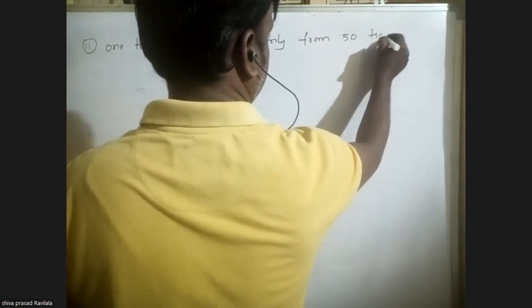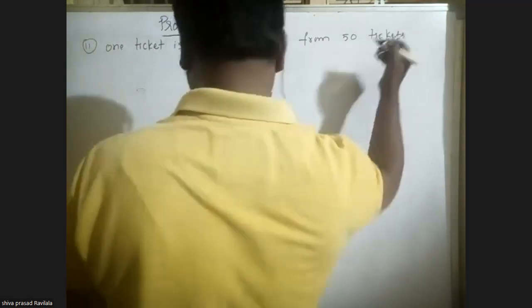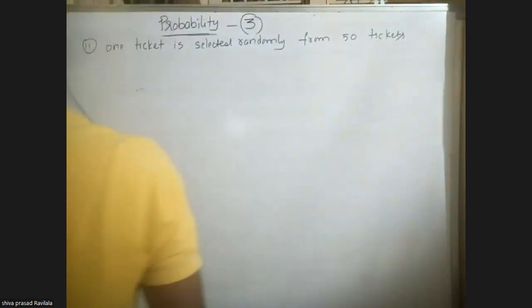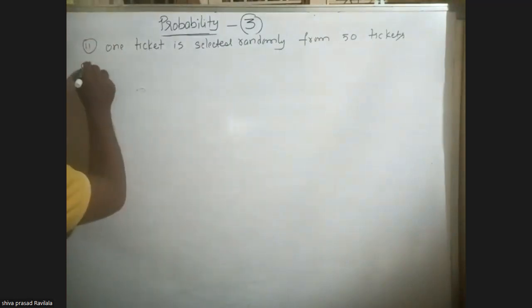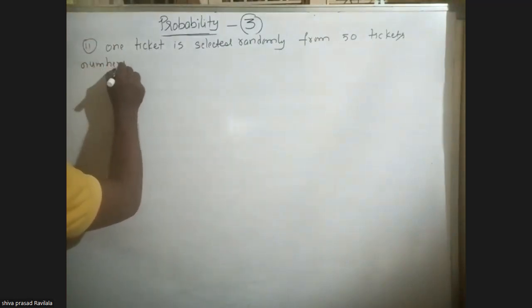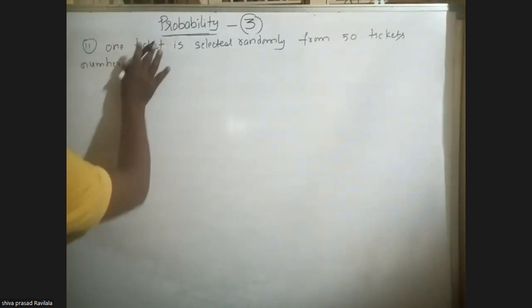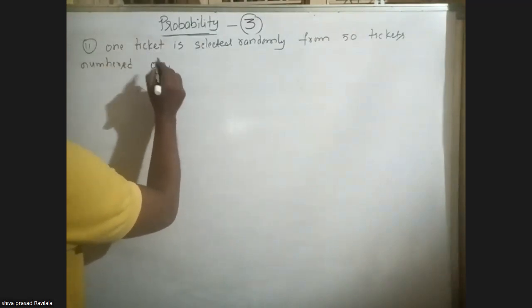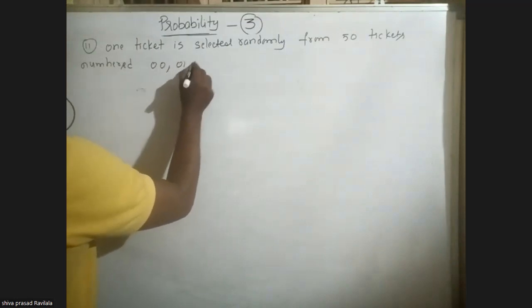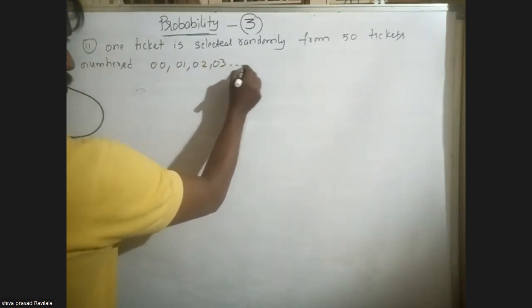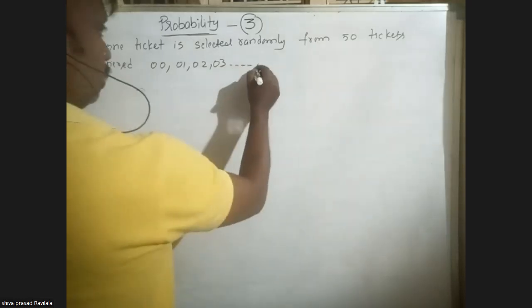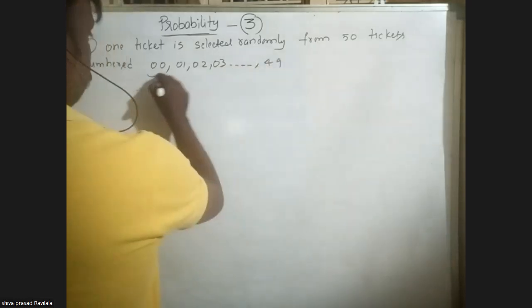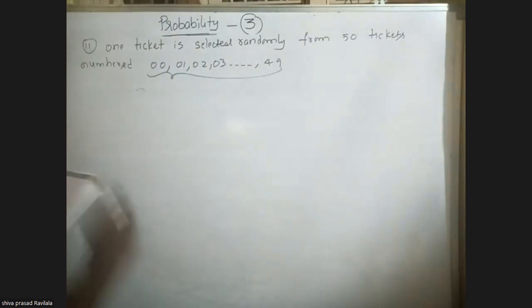We can change this case too; in place of 50 we can take 100 or 200. Numbered: those numbers are also very important. Here you make it clear that the numbers begin with 00, not 1: 00, 01, 02, 03, and so on, and the last one is 49. Observe here: 50 tickets, but 00 to 49.